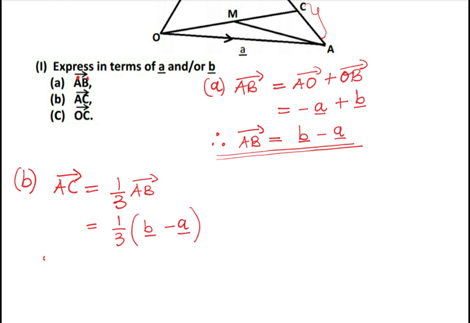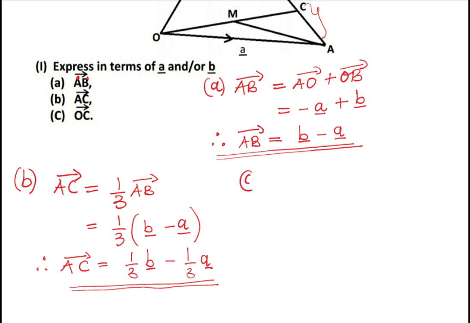So we conclude that vector AC is given by 1/3 of B minus 1/3 of A. Is this hard? Now you see why I said you first get the ratio right.